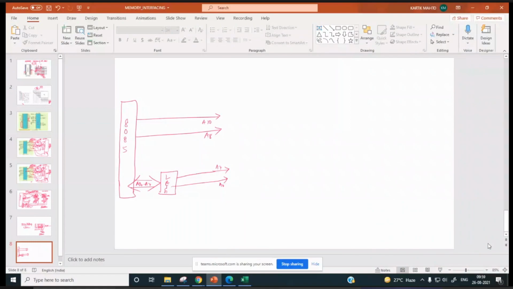This is going to, suppose, a ROM chip. This is 2K ROM. Now D0 to D7 from here will come out and it will be connected over here.